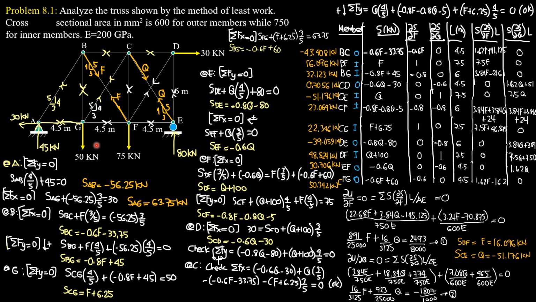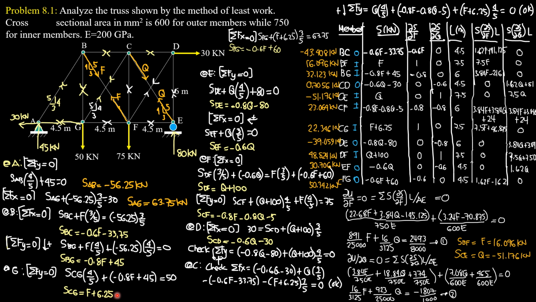Then we proceed to joint G, summation of forces Y equals 0. SCG times 4 over 5, plus SBG, which is negative 0.8 F plus 45, equals 50. So SCG is equal to F plus 6.25.